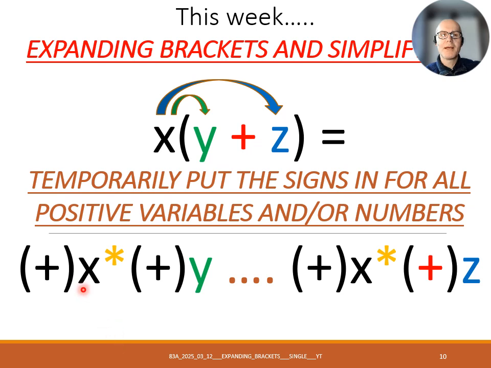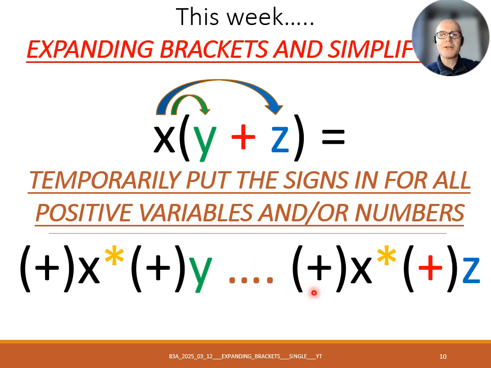So here we have it: positive x times positive y. Then separate this into two parts of the same equation. Okay? As we work through these, the reason for doing this will become apparent.